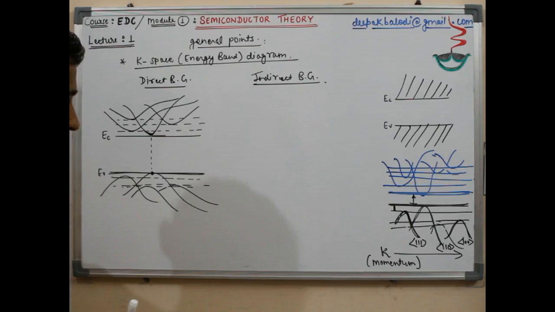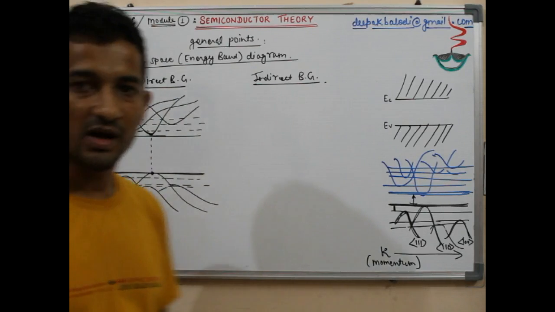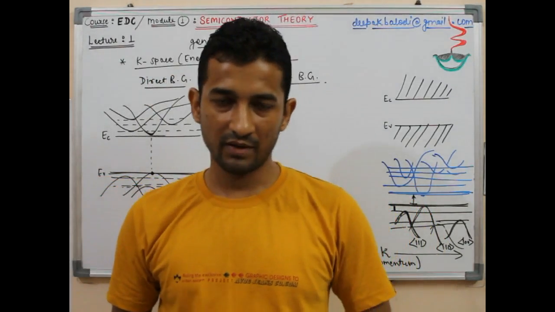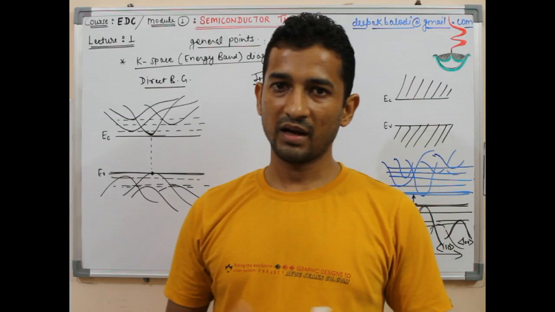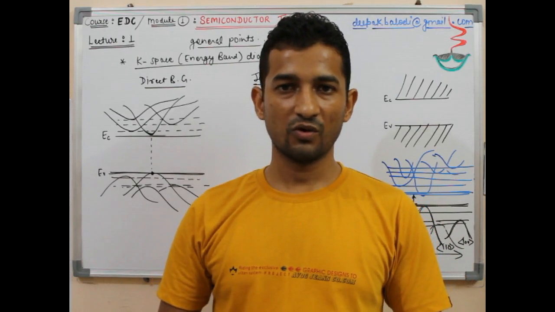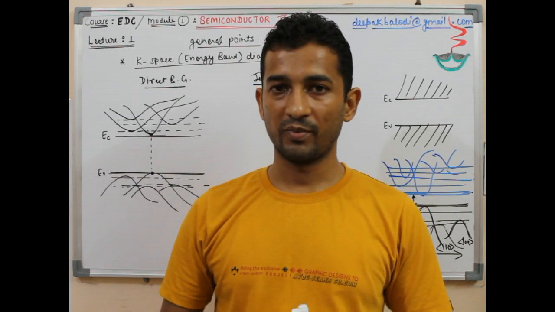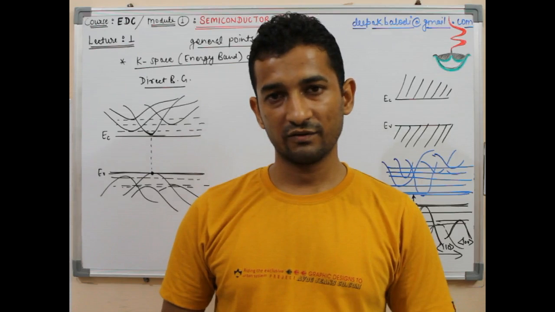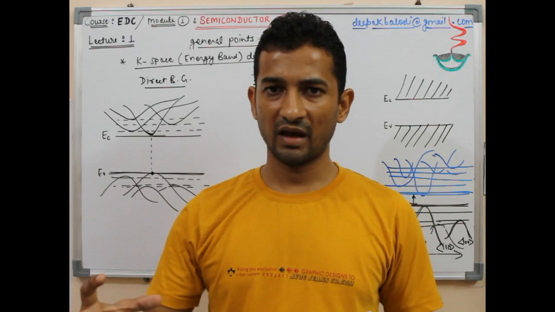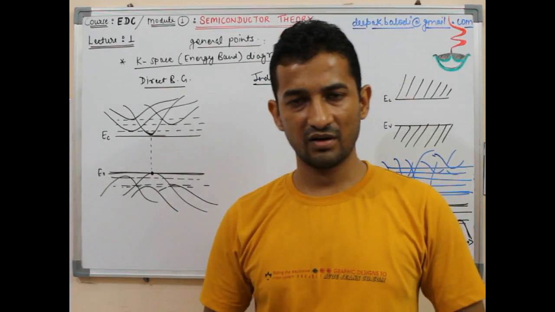And in that case, when any recombination happens, recombination is just the reverse process of breaking of a covalent bond. In breaking of a covalent bond, energy is absorbed by the covalent bond, and it makes one electron-hole pair free. That is called generation of free carriers. When the reverse happens, the free electrons and free holes are randomly moving within the semiconductor material.